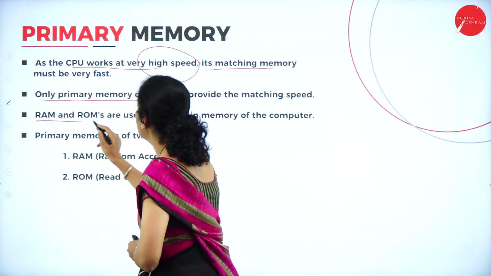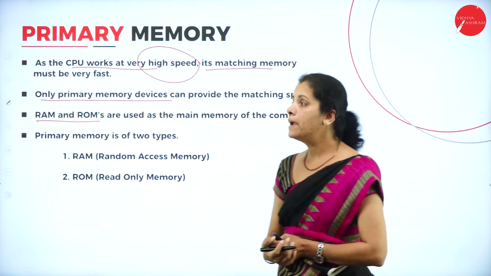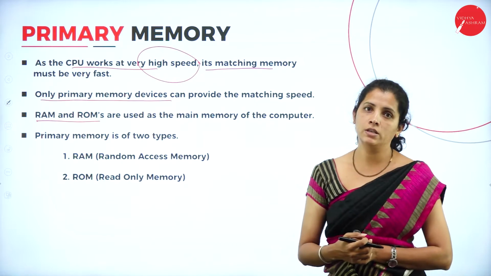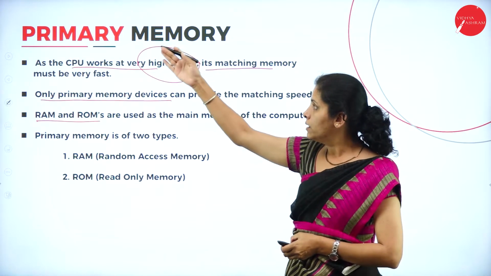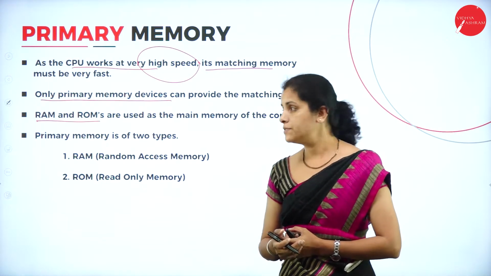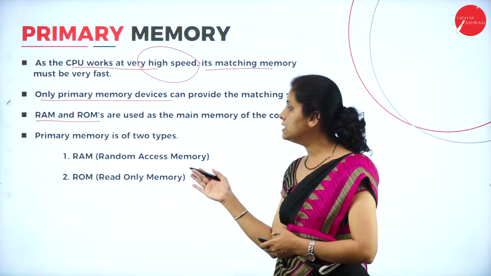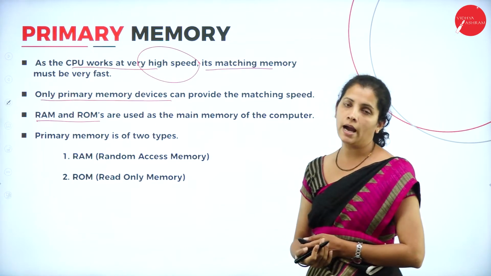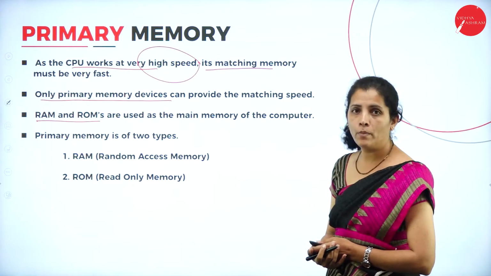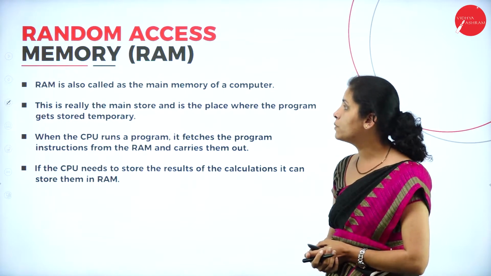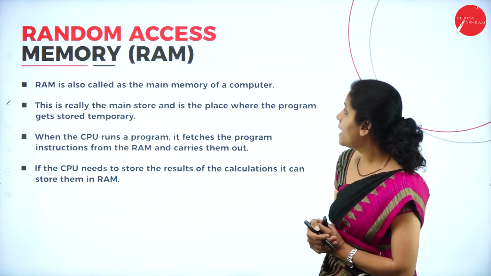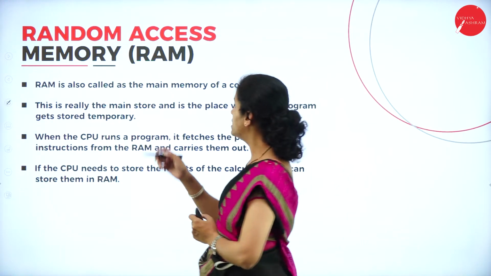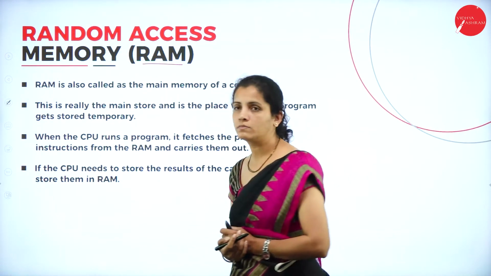Here, RAM and ROM are the main memory of the computer. That means main memory is further classified into two types, that is random access memory and read-only memory. Moving further, I'm going to cover random access memory. So it is RAM.